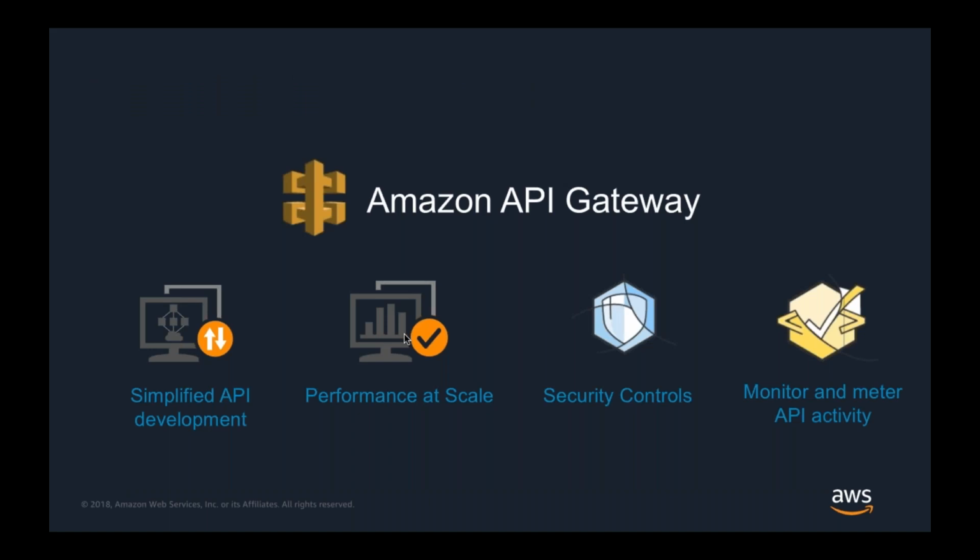The next service I want to highlight here is API Gateway. As the name implies, Amazon API Gateway is a fully managed service that makes it easy to create, publish, maintain, monitor, as well as secure your APIs at any scale.